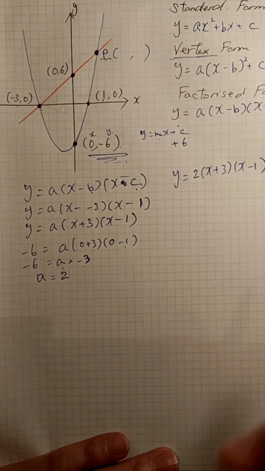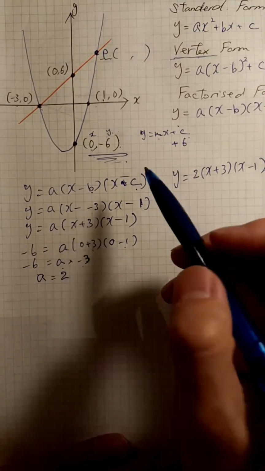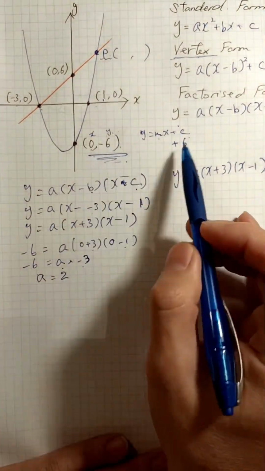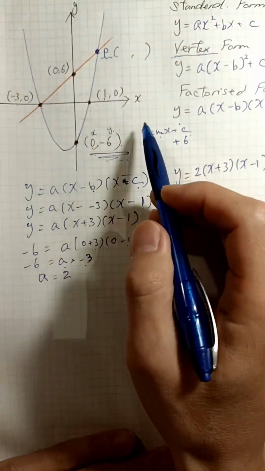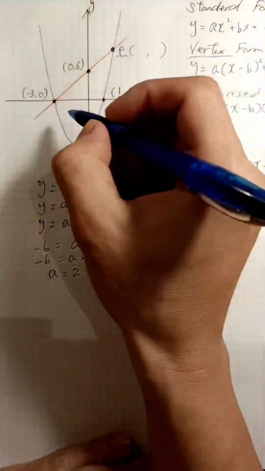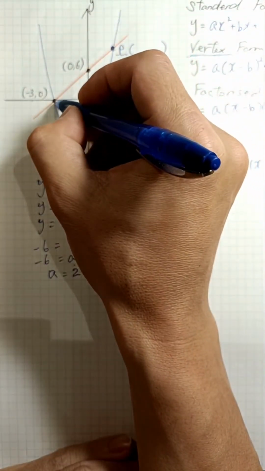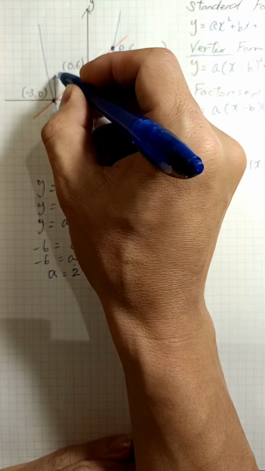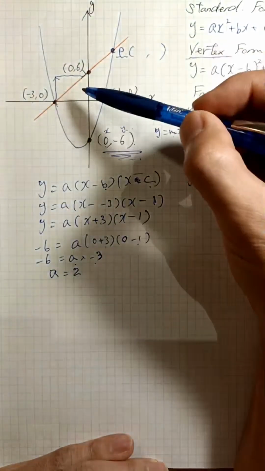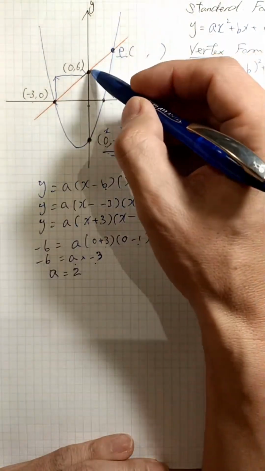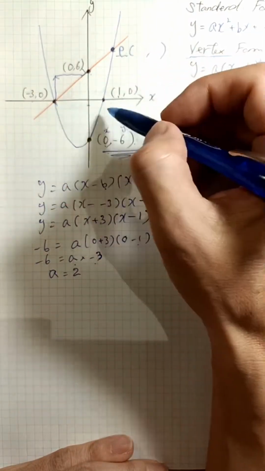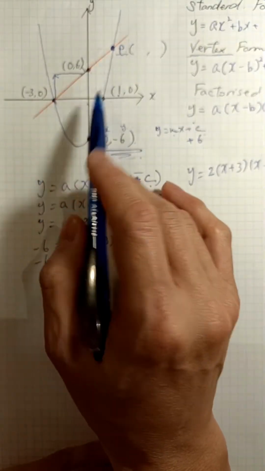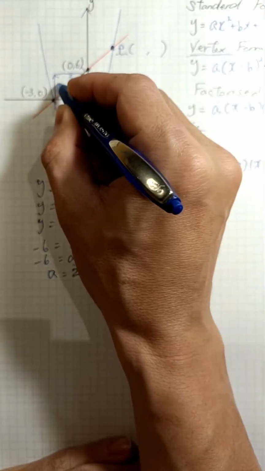Okay, sorry about that. The c is here, and then m is rise over run. From left to right, how much is the rise and how much is the run? Rise by 6, isn't it? Because this is 6, and then run by -3 to 0, which is 3.